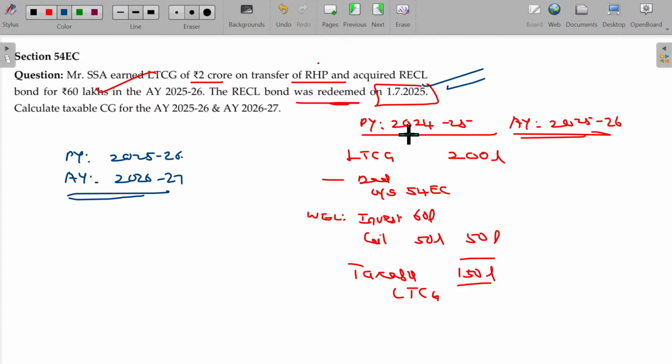The holding period is there for 5 years. Within 5 years it's sold, the deductions already claimed will be your long-term capital gain. The exemption availed from the long-term capital gain is withdrawn, then it is taxable as long-term capital gain only. Long-term capital gain only. Is that clear? Hope you will now be able to understand section 54 EC. Clear?